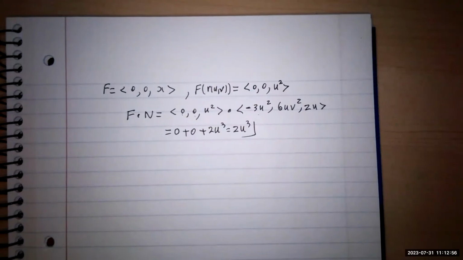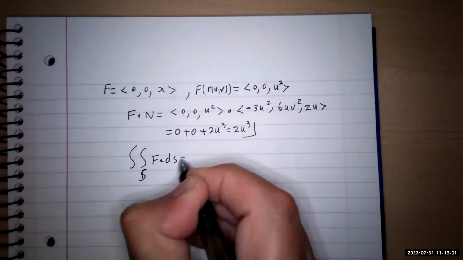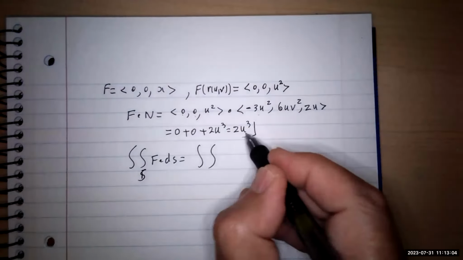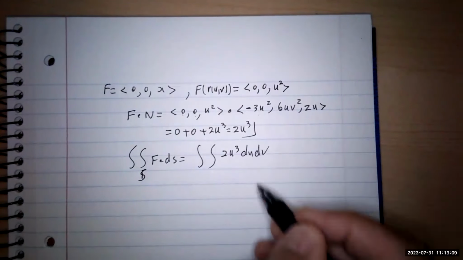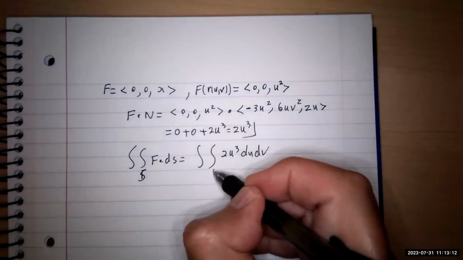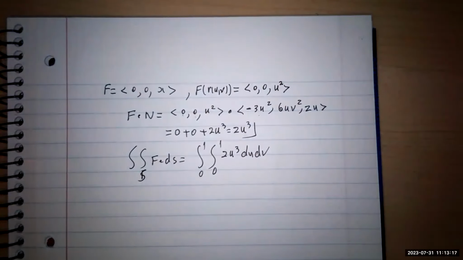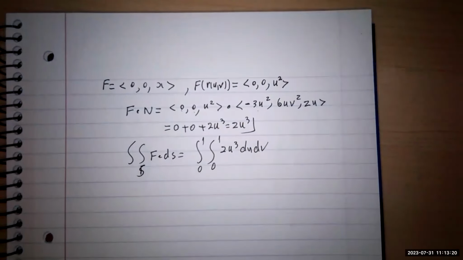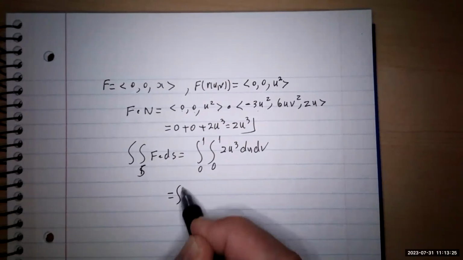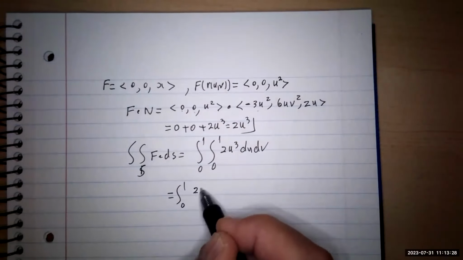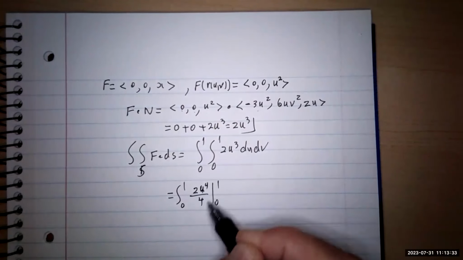Now we are ready to integrate it. So the double integral over S of F dot dS is the double integral of 2u cubed du dv, and you know that u and v are between 0 and 1. Integrating over u gives 2u to the 4th over 4 from 0 to 1, which simply is 1/2.